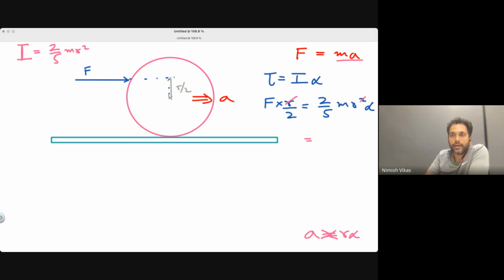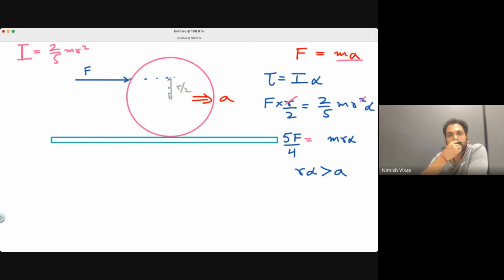So we have our MR alpha is equal to 5F by 4, right? It means R alpha is greater than A. That's our conclusion. If there was no friction, R alpha would have been greater than A.